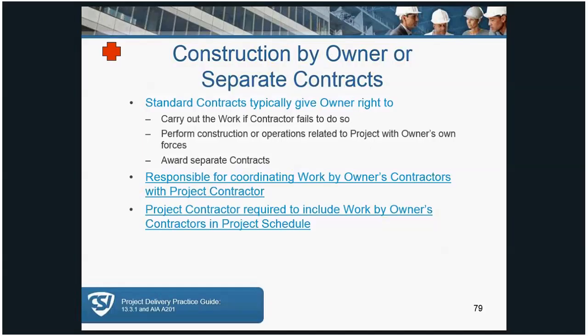And the owner is responsible for coordinating that work with the contractor, and so work by the owner's contractors has to work with the project contractor, the general contractor, to make sure that work is done seamlessly. Next. And a note to remember that the architect can easily get drug into that coordination, but it is the owner's responsibility to coordinate their own work. Okay, next.